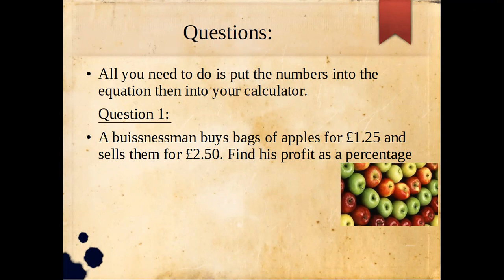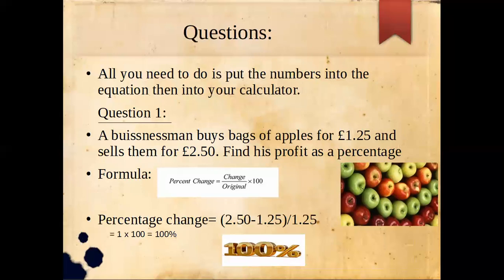All right, you ready? First, write down the formula, which is percent change equals change divided by original times 100. We need to find out the change first of all. Change, remember, is the new value minus the old value. So 2.5 minus 1.25 divided by 1.25 gives us 1.